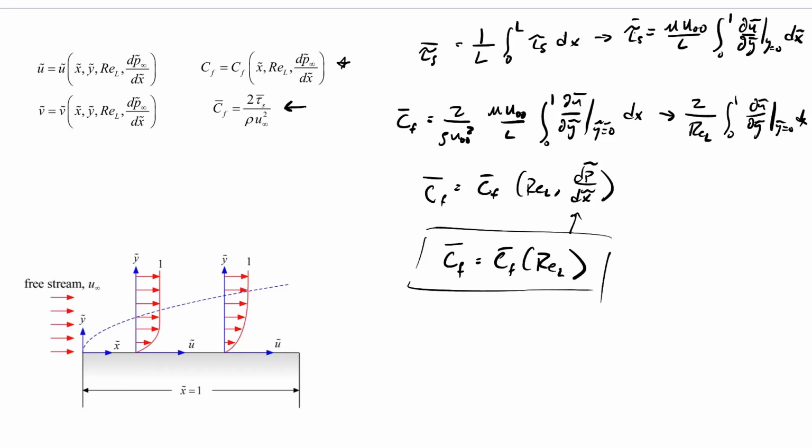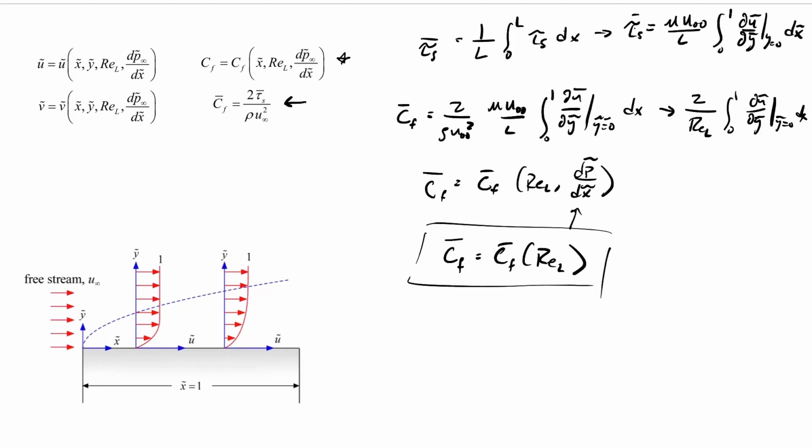One other side point here: this is the coefficient of friction, due to viscous effects. We also sometimes care about pressure effects due to flow over the body, which is through the drag coefficient. Just to give you the definition, CD, the drag coefficient, is equal to 2 times the drag force, FD, over rho U infinity squared, AP, where AP is the projected area, meaning the area exposed in the direction of flow.